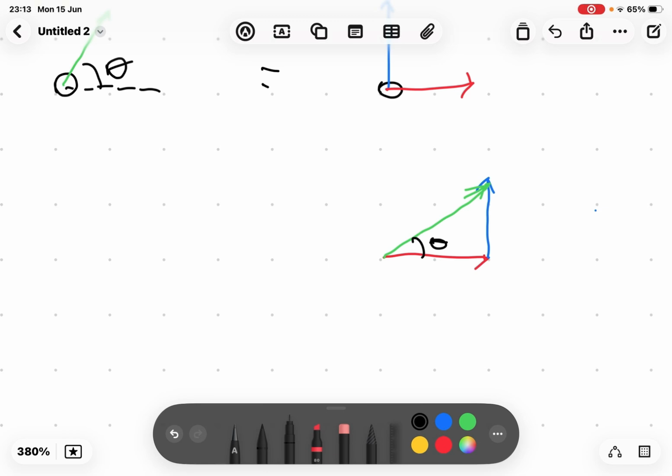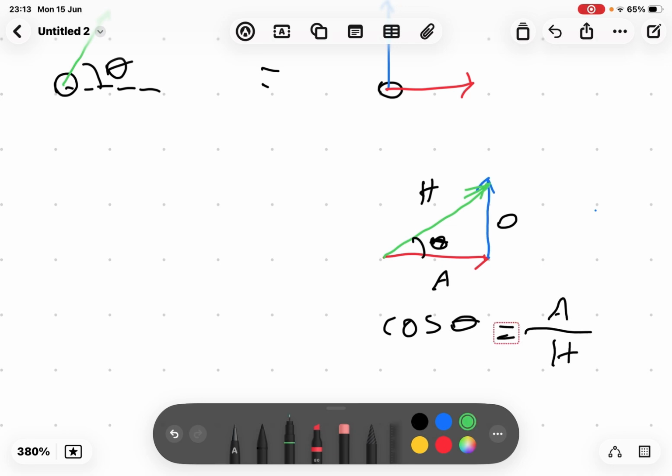From that we can know what the components are equal to. We know that this is the hypotenuse, this is the opposite, and this is the adjacent. For the adjacent, we're going to be using cosine. So we know that cos theta equals adjacent over hypotenuse.